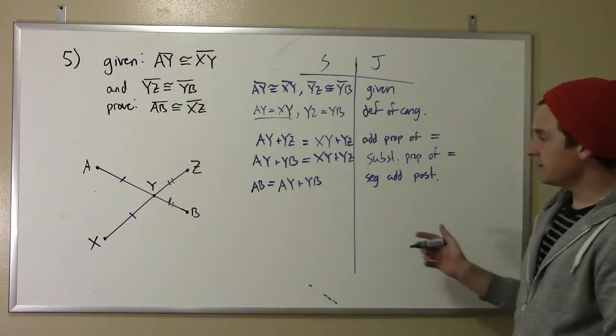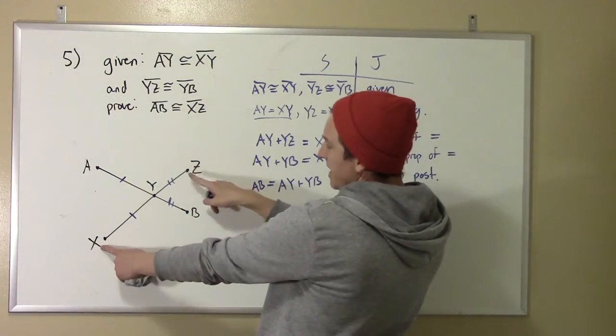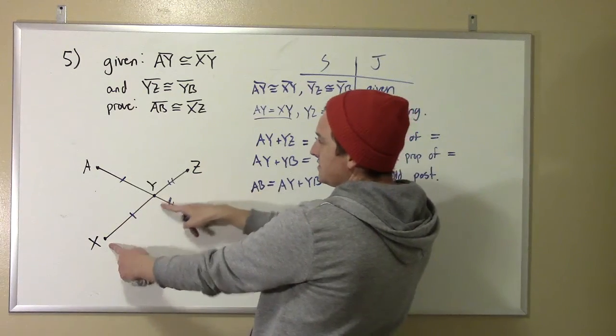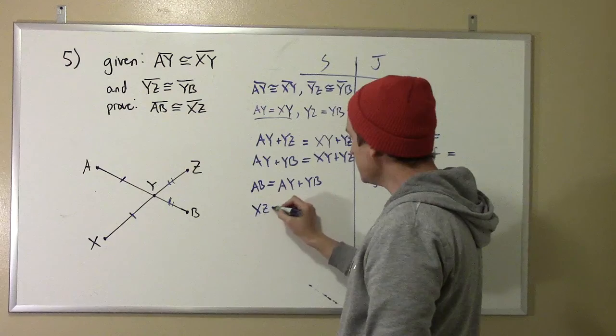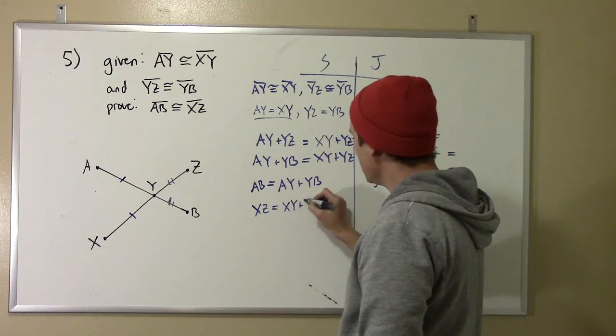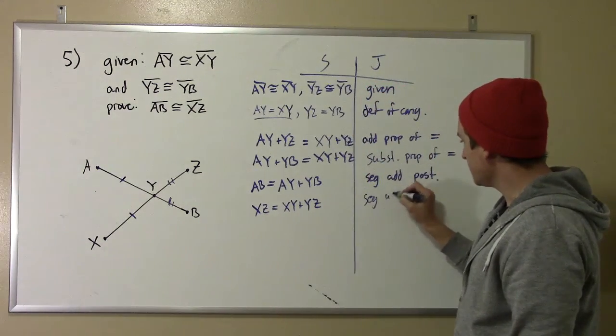The next line is going to be very similar, but it's going to be this segment, XZ, is XY plus YZ. So the long segment is the two small ones added up. So XZ is equal to XY plus YZ. Again, that's the same thing, segment addition postulate.